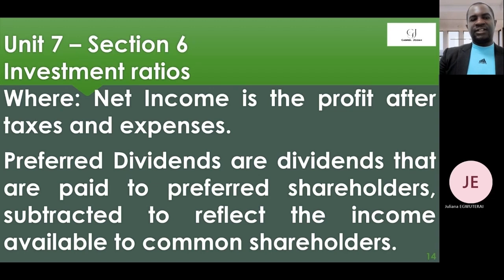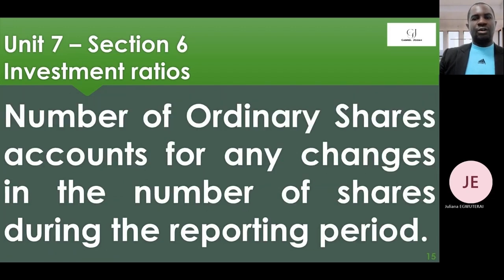So the net income is the profit after tax and other expenses. Preference dividends are paid to preference holders, subtracted to reflect the income available to common shareholders. And the number of ordinary shares accounts for any changes in the number of shares during the reporting period.